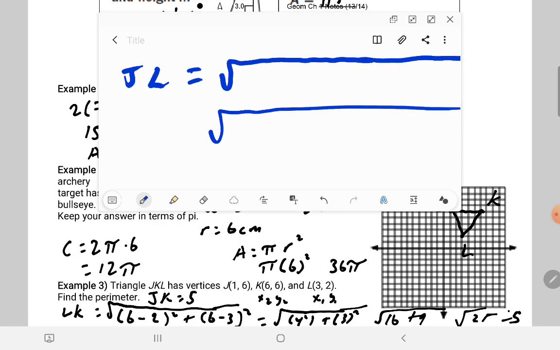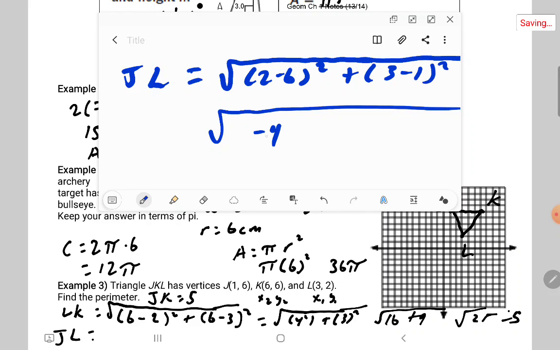So I'm doing J and L. So 2 minus 6 squared plus y2 minus y1, x2 minus x1, 3 minus 1 squared.